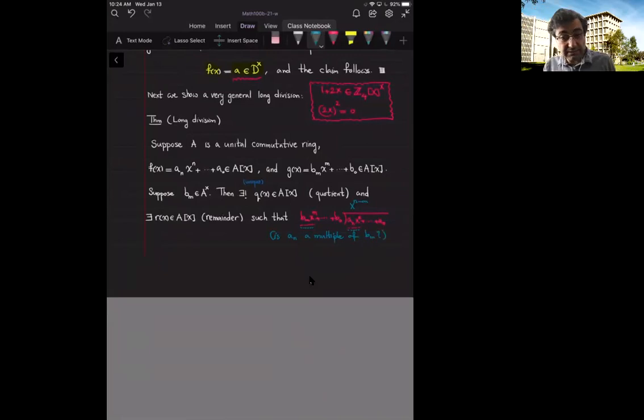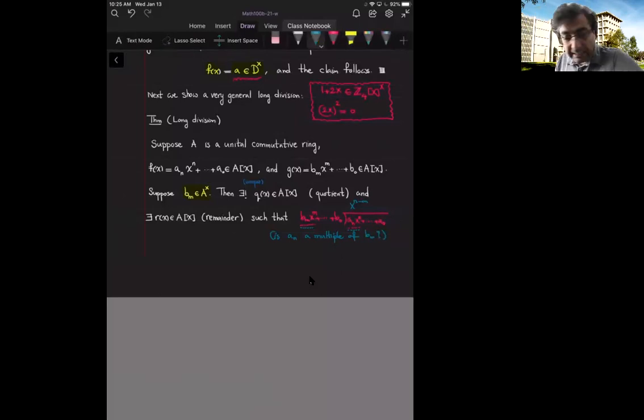So in general, we've seen that in rings, a_n = b_m y does not have a solution, but it does have a solution as soon as b_m is a unit. That's the condition that we are going to impose. That's why we have this condition over here, that b_m is a unit inside this ring. As soon as the leading coefficient of g, b_m, is a unit, we can actually go through the long division process that you've seen in, I don't know, middle school.